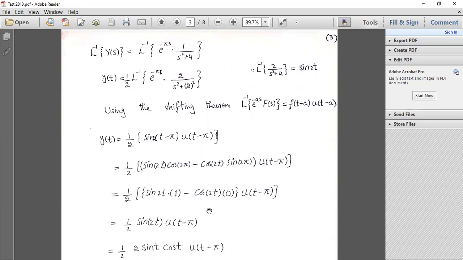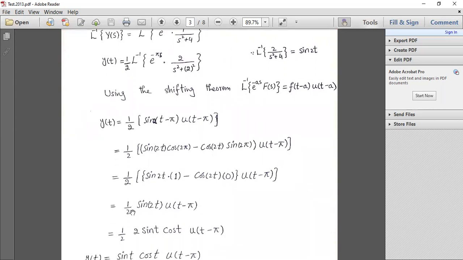In next step, when we simplify this, we get 1 over 2 sine 2t into u of t minus pi, because this will become 0. 0 multiplied by something is 0. And we know that sine 2t is 2 sine t cos t.